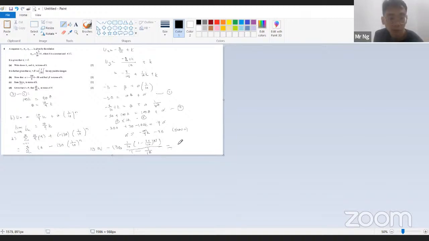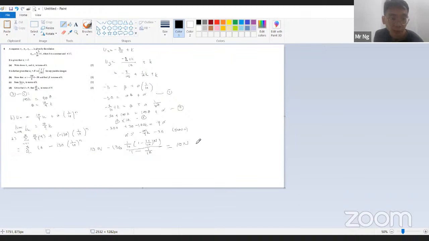So equals to 10n. Then after that, minus 13, then here is 0 over 9. Remember that 1 minus 1 over 10.